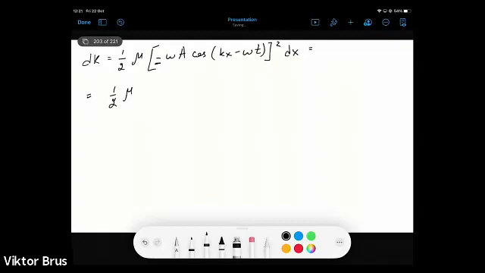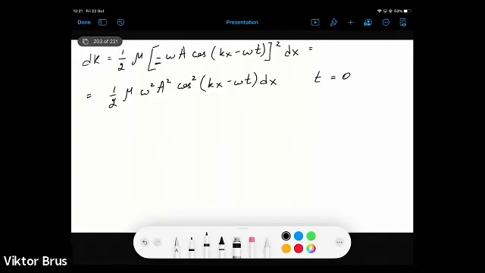So it will be omega squared times A squared times cosine squared of kx minus omega t, times dx.